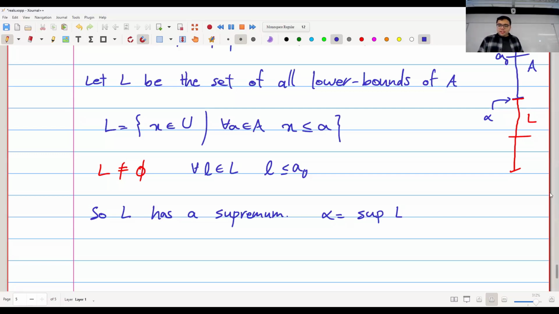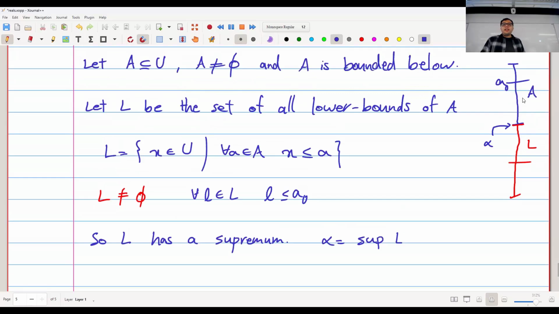But every element of the set A is also bigger than or equal to every element in L. So if I look at any element a0 of A, that element is an upper bound on L. But alpha is supposed to be the smallest upper bound.